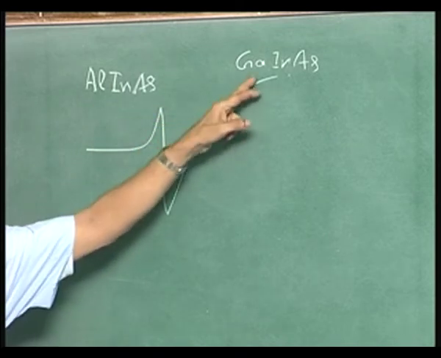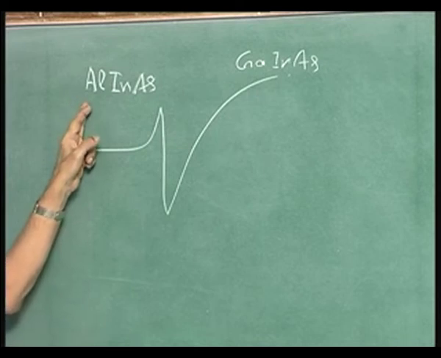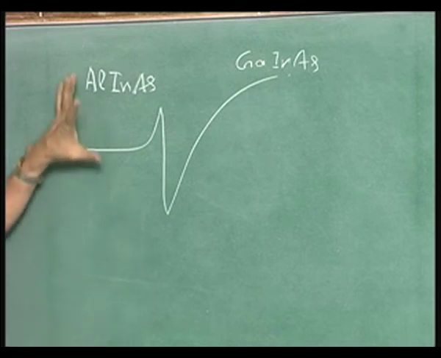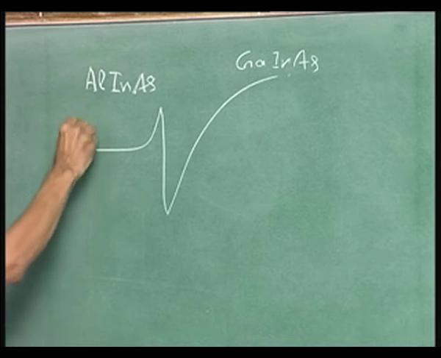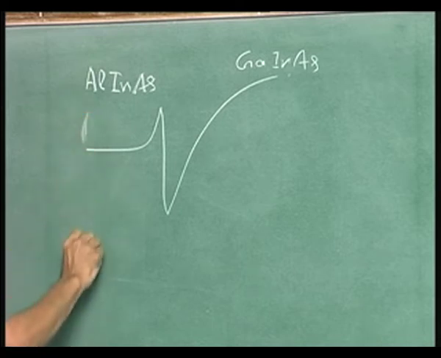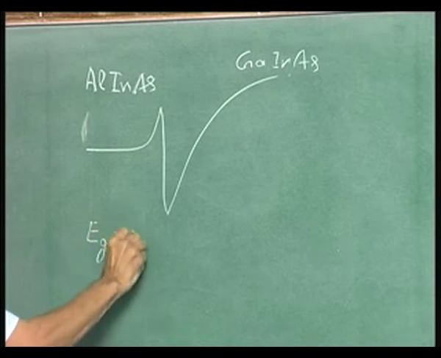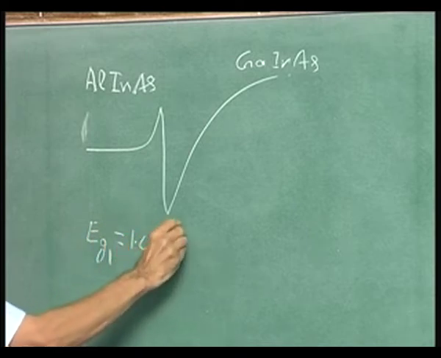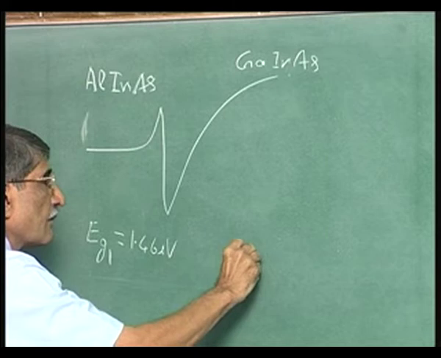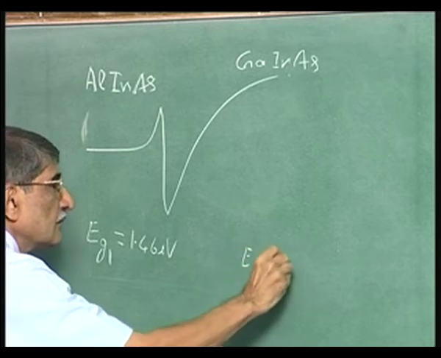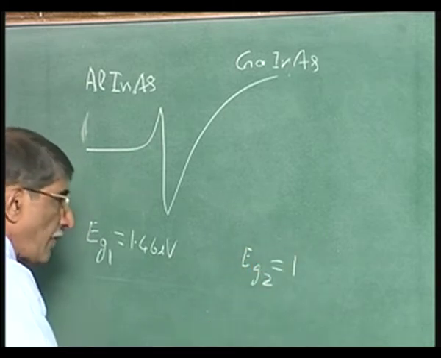So, this is 0.47, this is 0.48, very close, but this material gives 1.46 electron volts band gap, and Eg2 here gives 0.75.